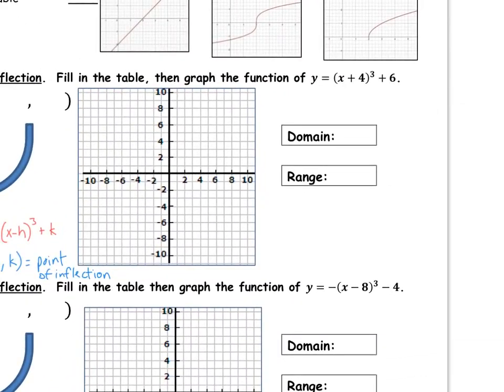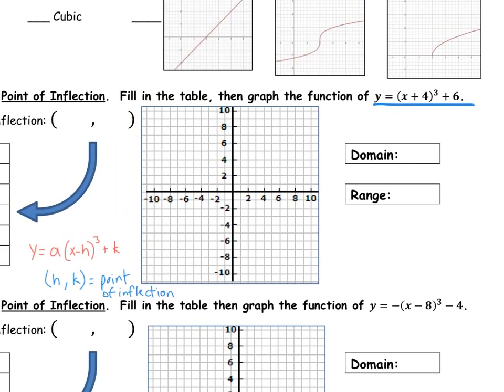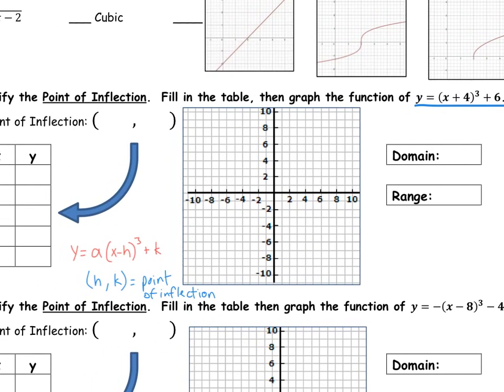So if we take a look at this equation here, y equals (x plus 4) cubed plus 6. Since it's plus 4, the point of inflection, or the shift left and right, is opposite of that. So our point of inflection begins at negative 4.